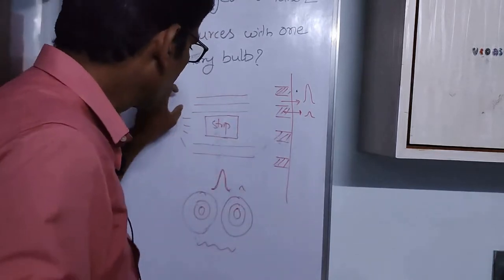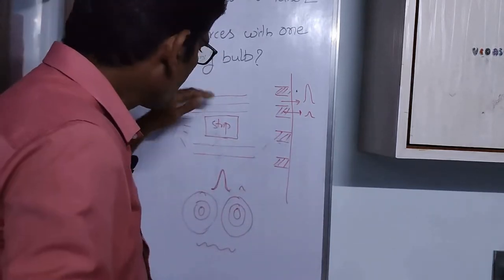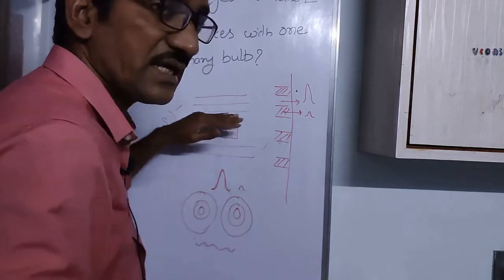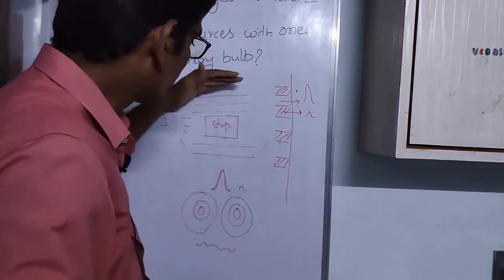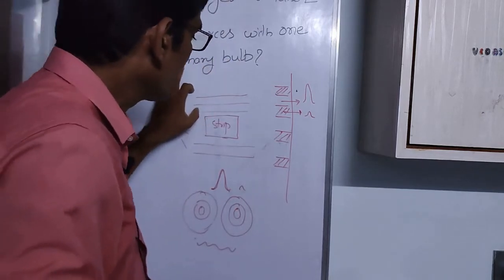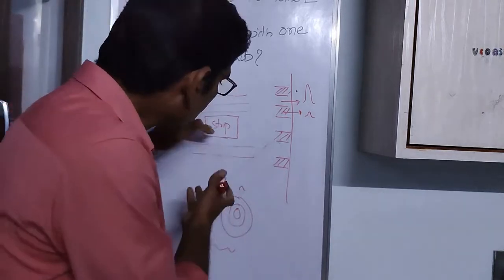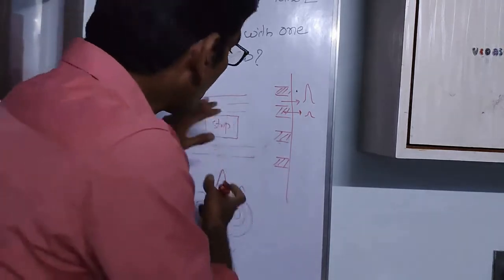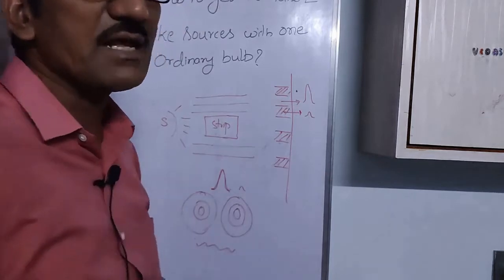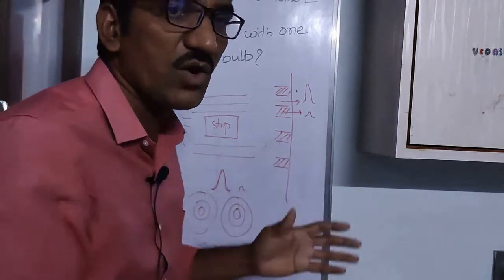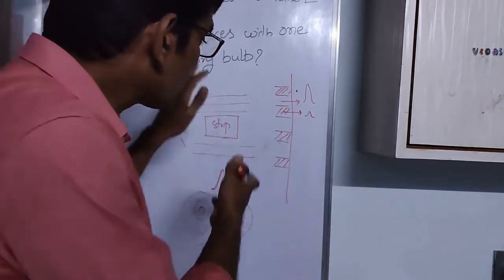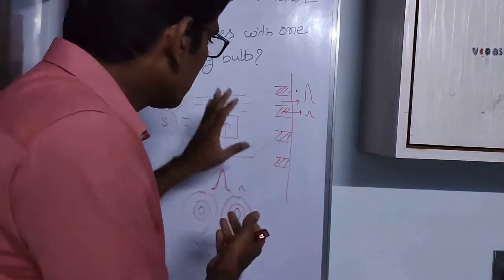Here, the waves coming from the upper portion of this strip and the waves coming from the bottom portion of this strip overlap each other as they evolve in time. Then what is happening here?